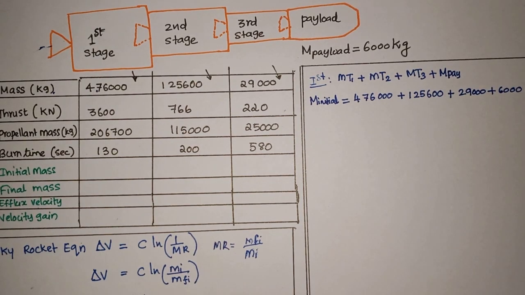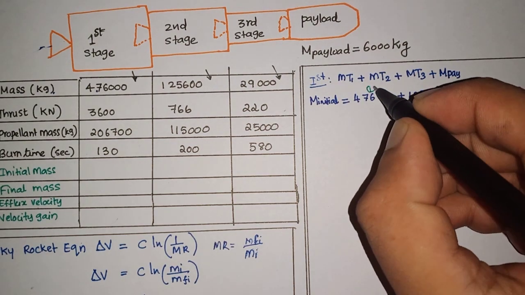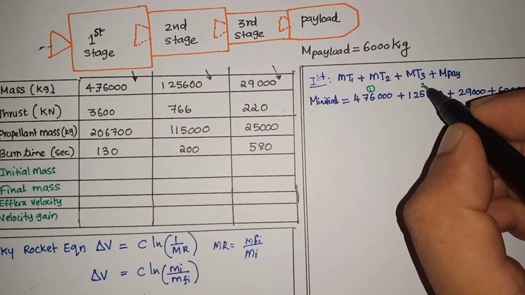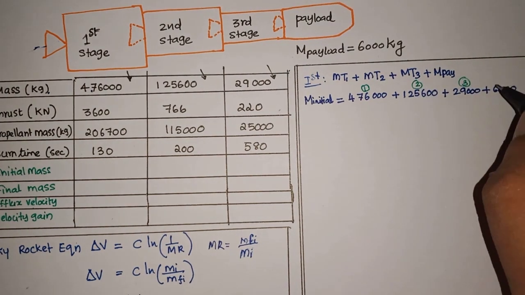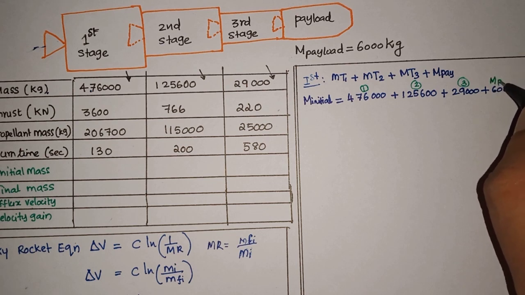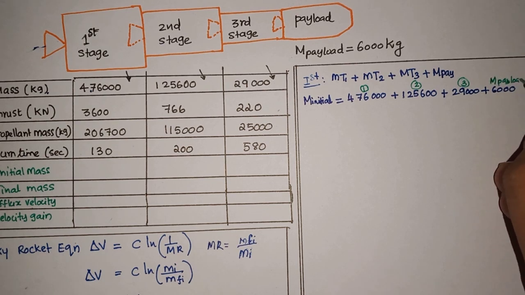It is a very good practice that you mark everything here. I'll just give a mark here. So this is going to be my total mass for the first stage, the second stage. This is going to be my third stage. This is going to be the mass of the payload. Perfect.